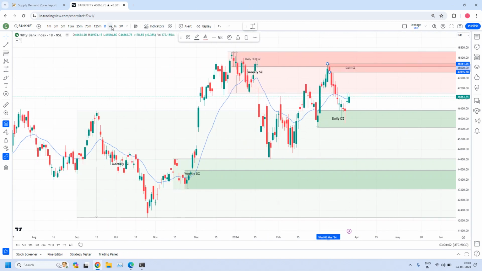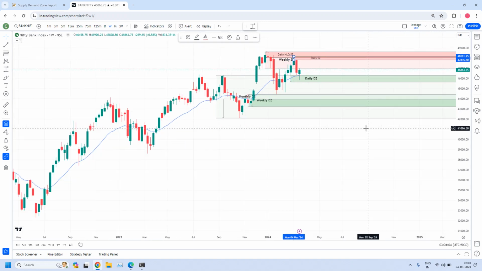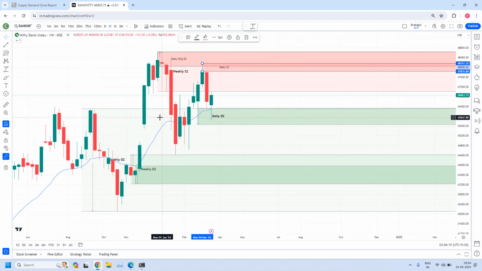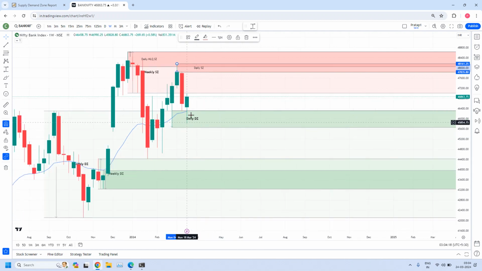And in weekly, see here, why is this demand zone so strong during this week? This is a normal daily demand zone inside the monthly zone, not having weekly zone confluence, only monthly zone, but still it is very strong last week because this zone has weekly EMA confluence.